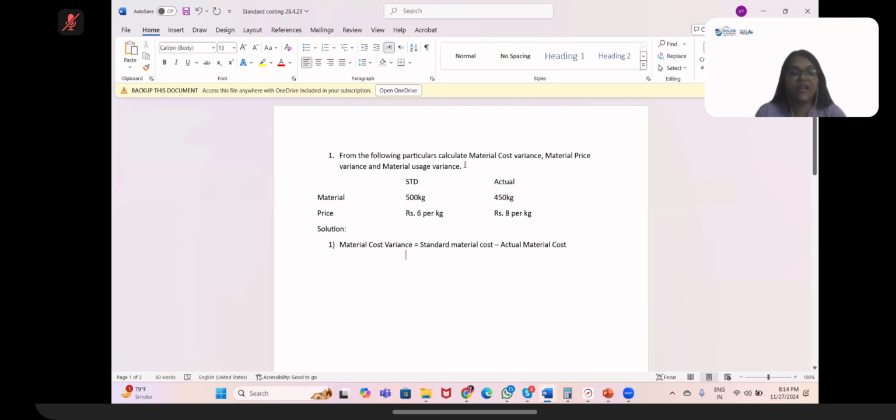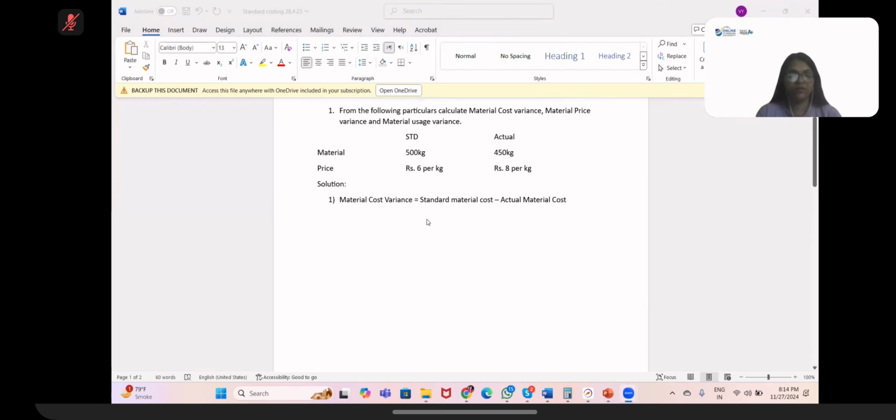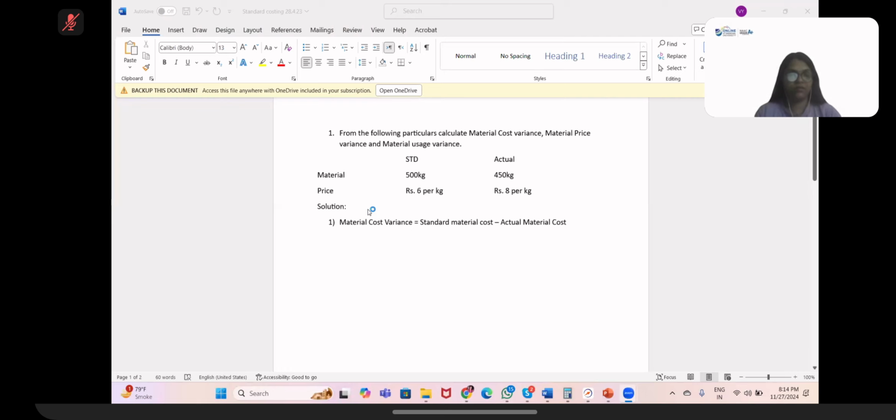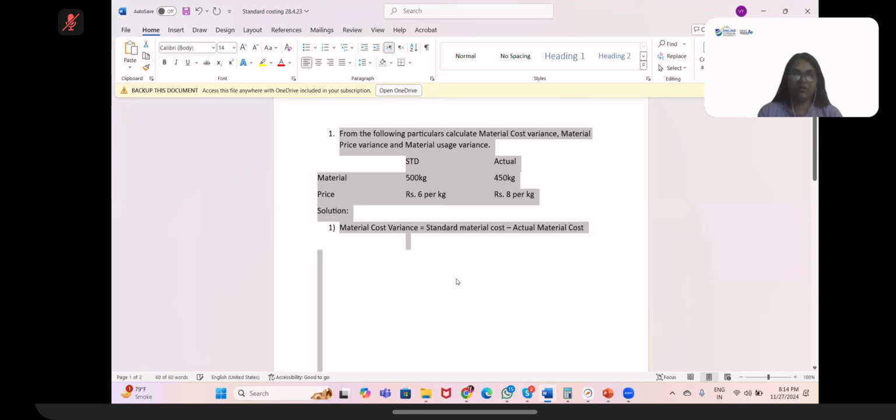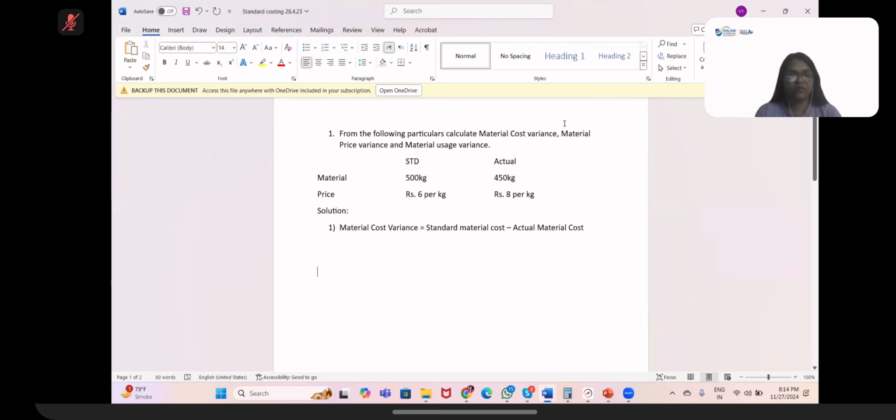Now, what is the standard material that you have in the sum? Everybody? Yes? Very good, Gauri. It's 500. So, we have standard material as 500.